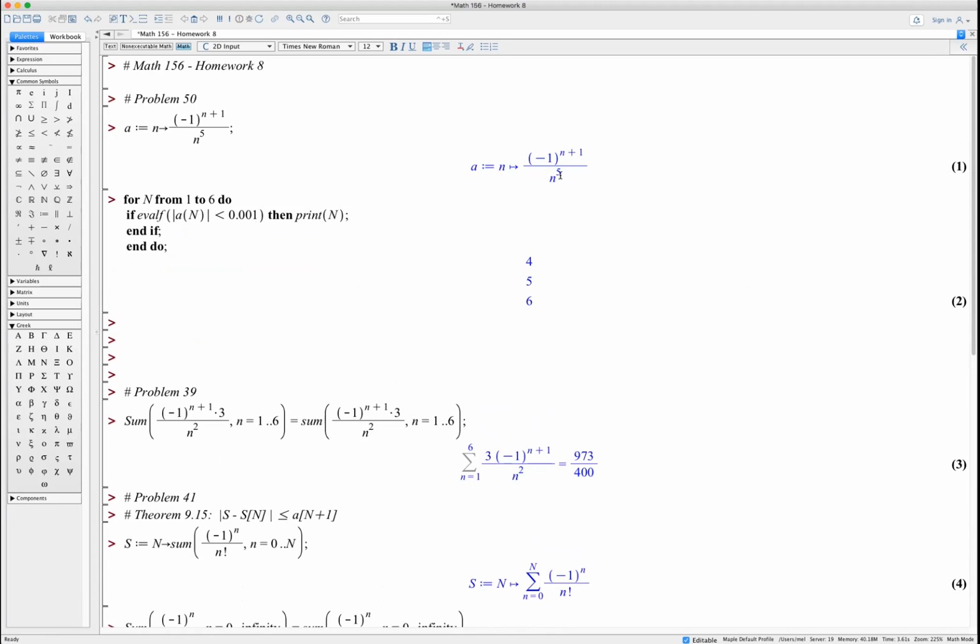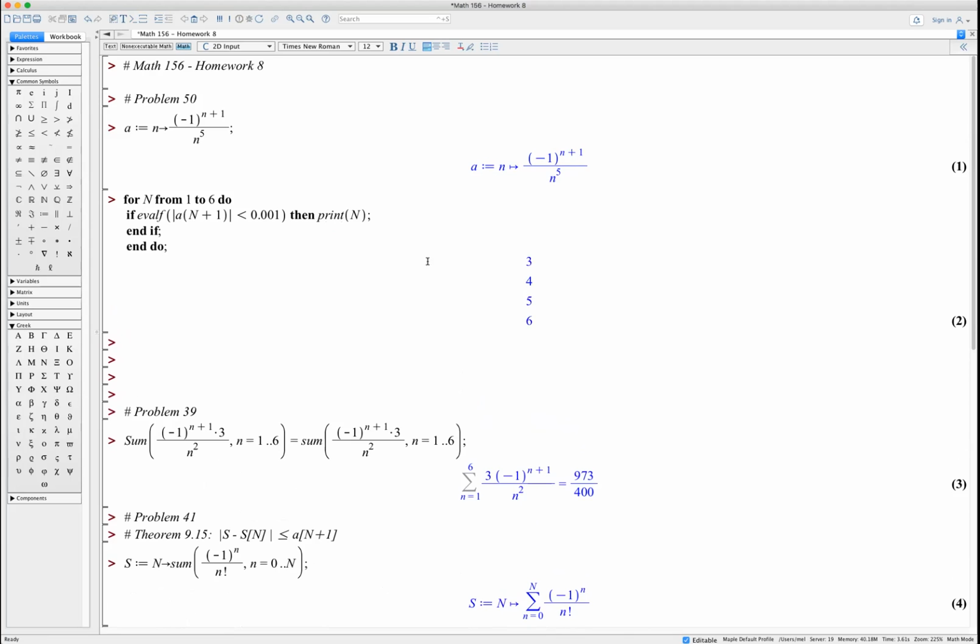So starting with 4, maybe I should make this n plus 1 actually. So when n is 3, a4 in absolute value is less than 0.001. So we just want to choose n equals 3. And so that's the answer. We just need 3 terms.